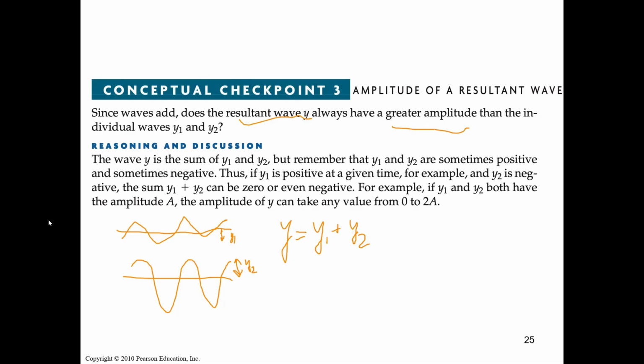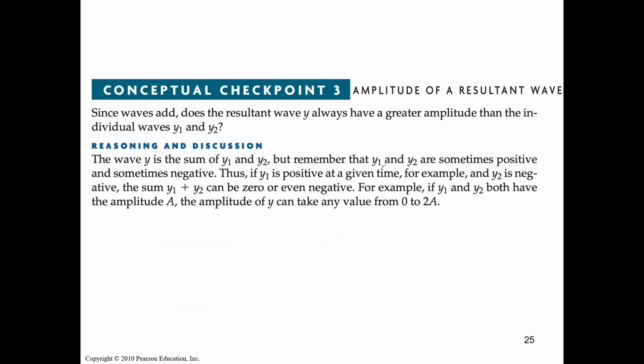Both y1 and y2 can sometimes be positive and sometimes be negative. So if we add something together, and y1 is positive and y2 is negative, then the sum can be 0 or even negative. So if y1 has a magnitude of a, which means y1 is between minus a and a, and wave 2 also has a magnitude of a, now we add these two things together.